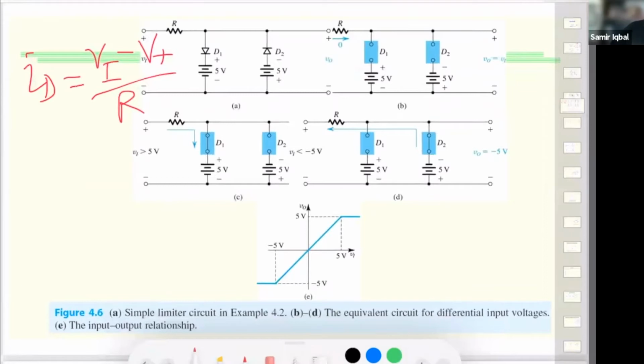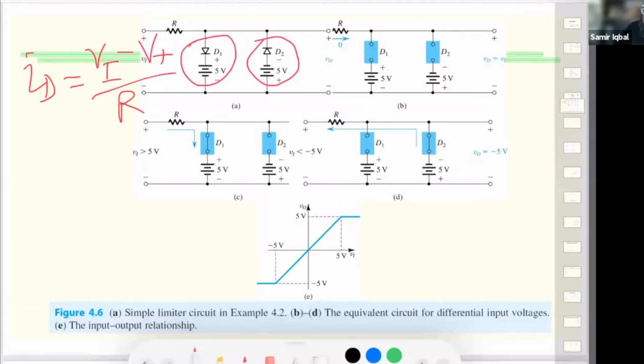When V plus is greater than VI, this is reverse biased and this is forward biased. So in either case, one of the diodes would be either conducting or off.